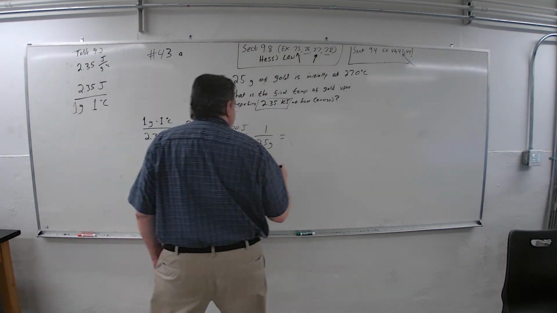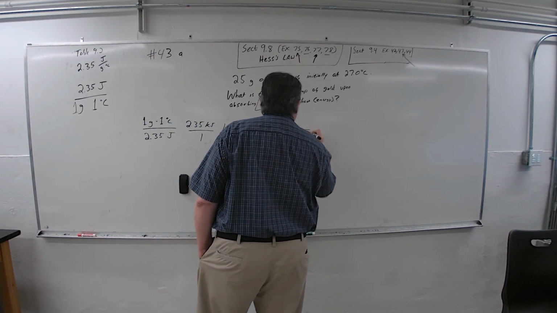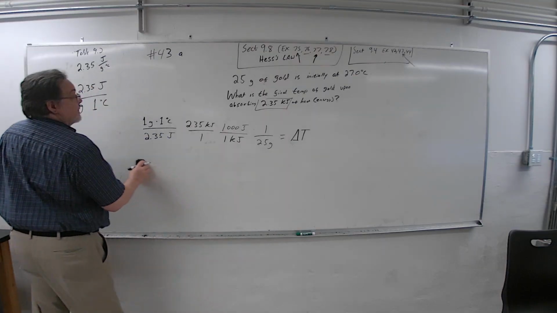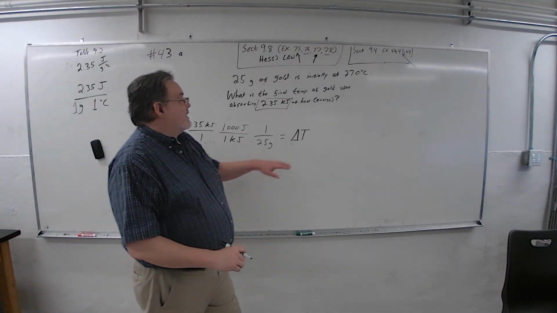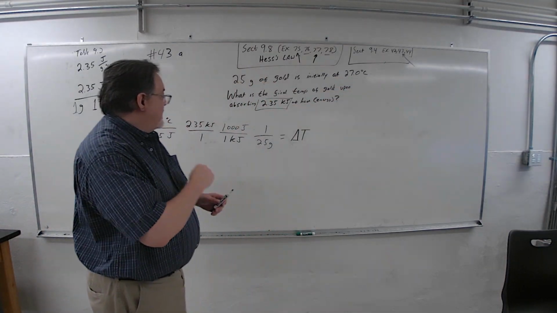That leaves us in degrees C. So what that's going to give us is the delta T, and then we'll calculate the final temperature using that.